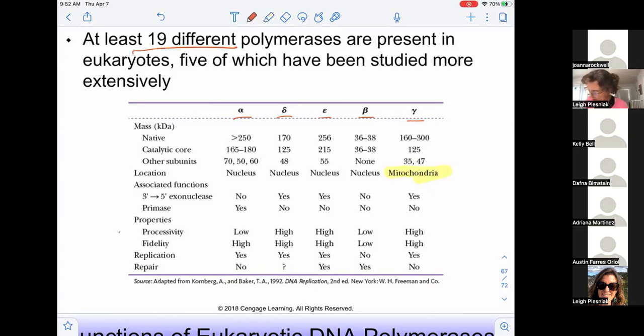Then there's processivity. And do we have a kcat? I don't think they gave us a kcat here, which is kind of a bummer. Properties, processivity. All right, so in terms of processivity, though, what do we want, low or high processivity for the one that copies the genome?